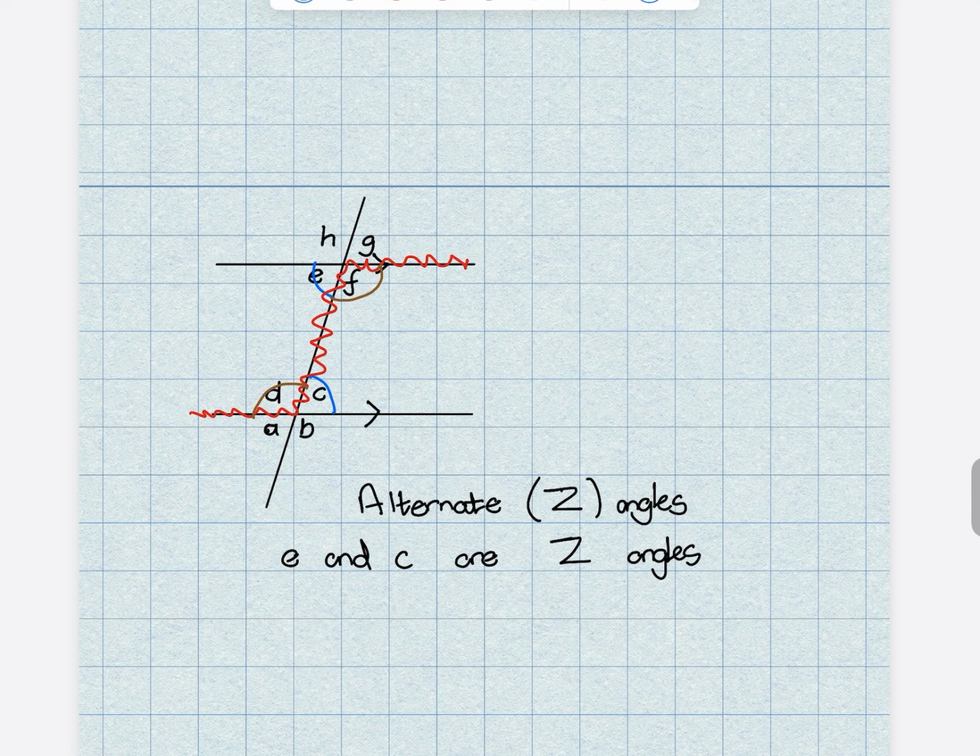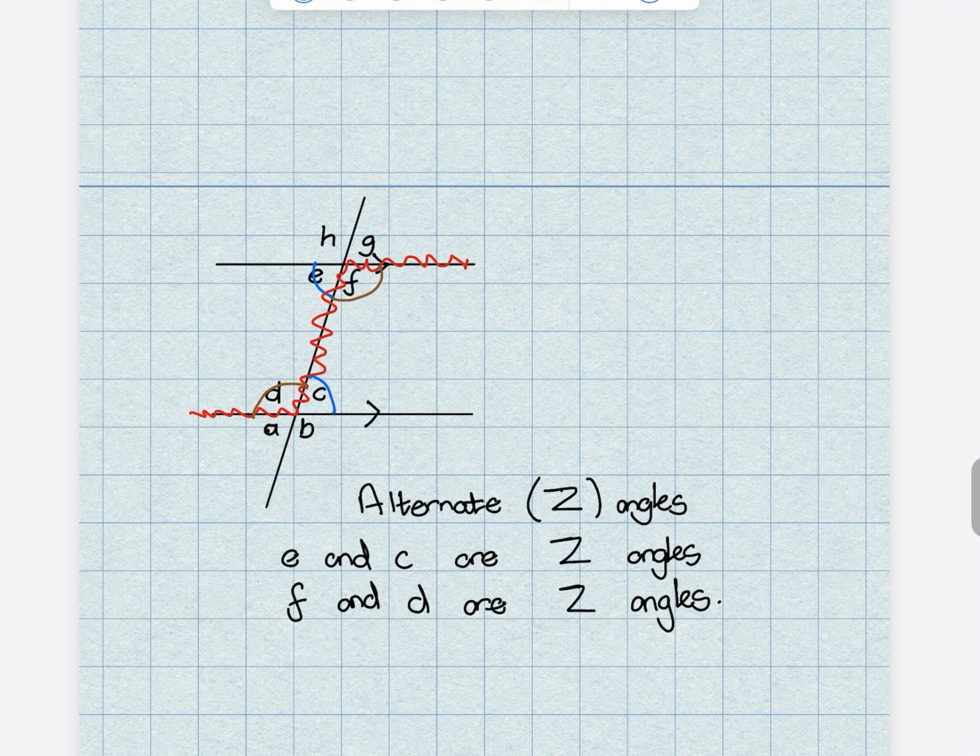So we're saying that angle F and D are Z angles. So that's it on Z angles and F angles. Z angles are straightforward. They are not as many as compared to F angles.